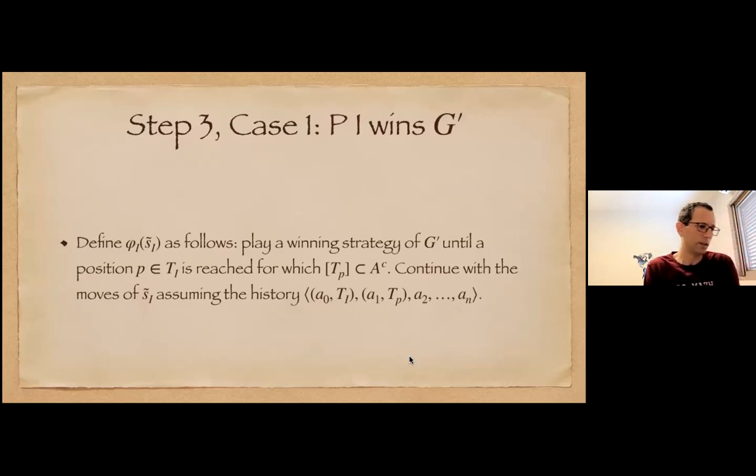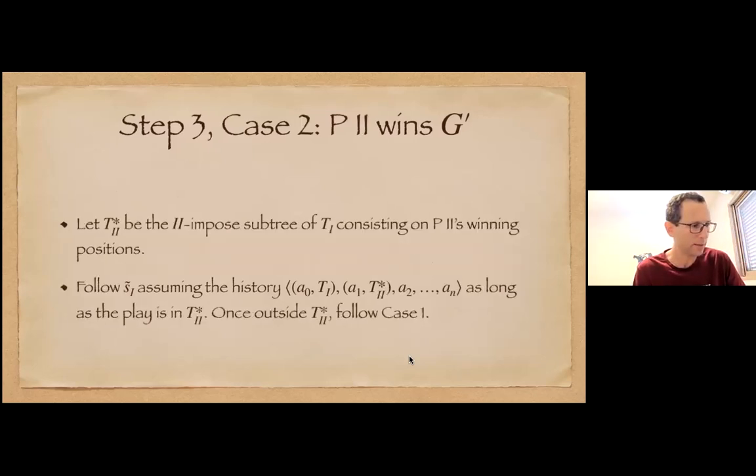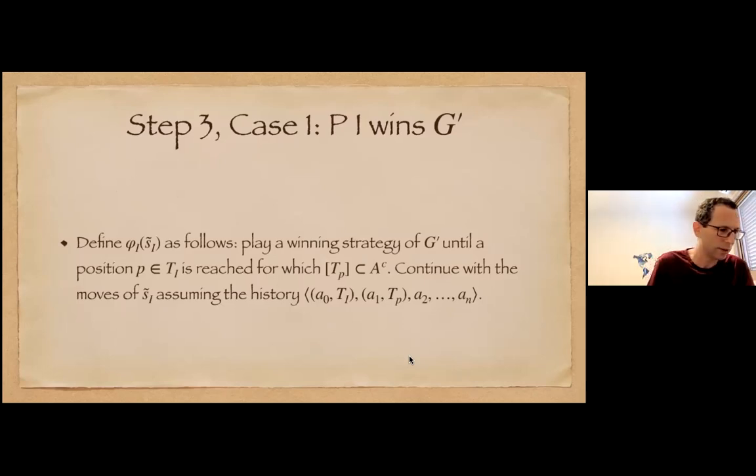And then they continue the moves of the covering strategy, assuming the following history. Player 1 played T1 in the first stage, and then player 2 played this TP, and then they continue as it happens in this game. Okay, now the only thing to verify is that this indeed satisfies the conditions of covering.